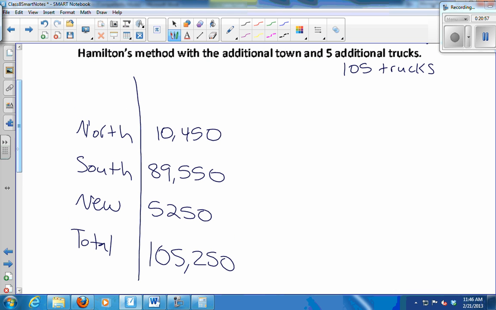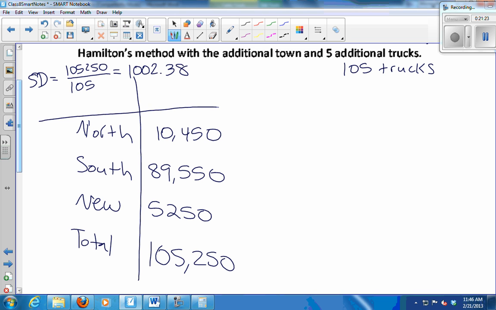So I now have a new total population and a new total number of trucks, so I need a new standard divisor. Okay, so my total population, 105,250, divided by 105 trucks, comes out to okay.